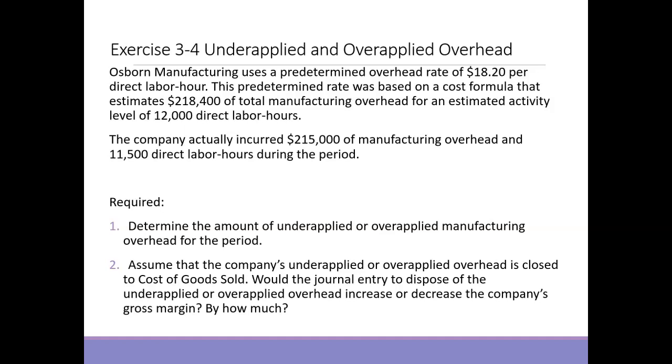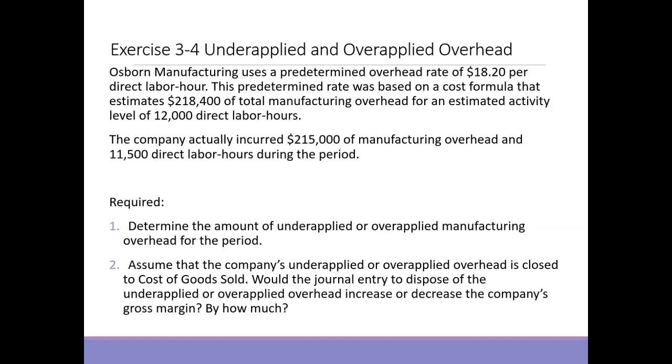Osborne Manufacturing uses a predetermined overhead rate of $18.20 per direct labor hour. The predetermined rate was based on a cost formula that estimates $218,400 of total manufacturing overhead for an estimated activity level of 12,000 direct labor hours.